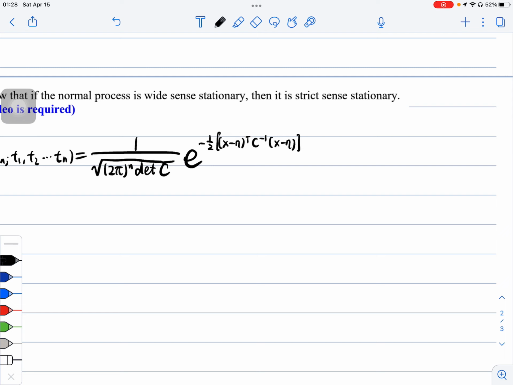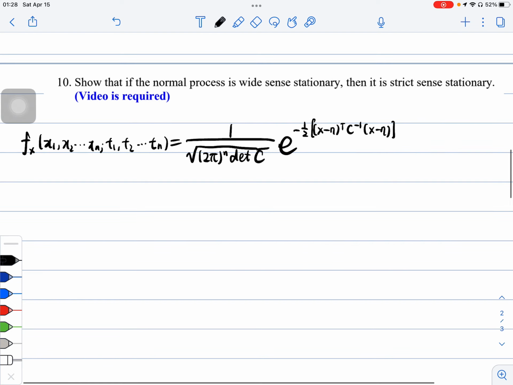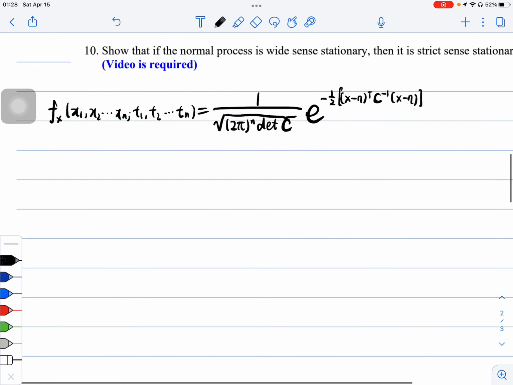And now we have to know what is the C here. The C is the expectation of x minus eta.